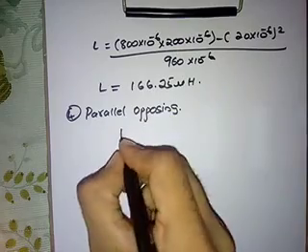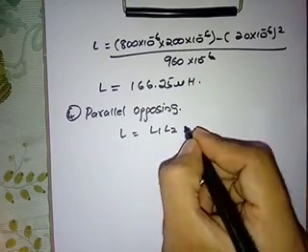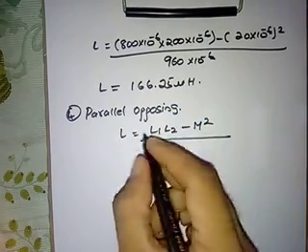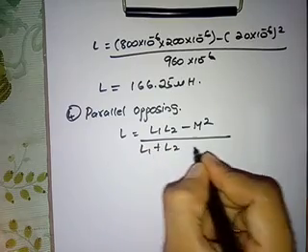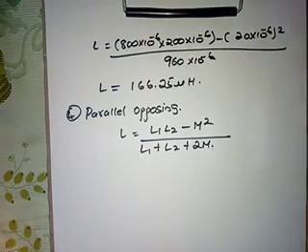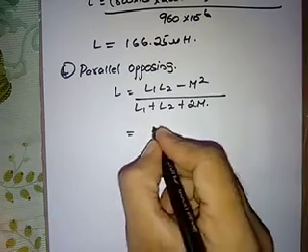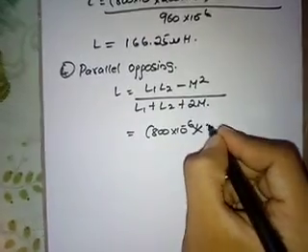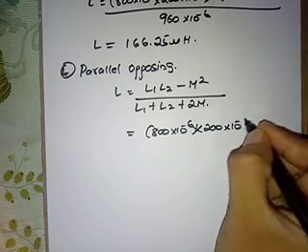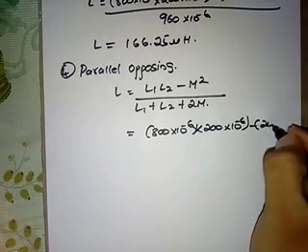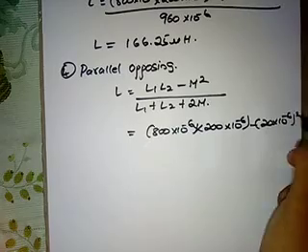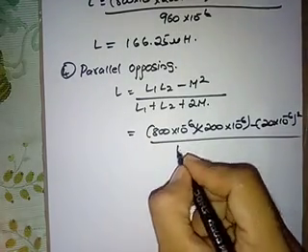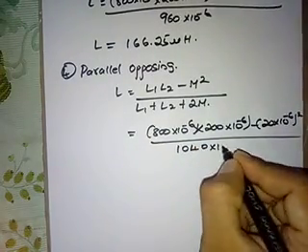Fine. Last one, for parallel opposing, the formula is L is equal to L1 L2 minus M square, divided by L1 plus L2 plus 2M. So this comes out to 800 into 10 raised to minus 6 into 200 into 10 raised to minus 6 minus 20 into 10 raised to minus 6 square, divided by 1040 into 10 raised to minus 6.